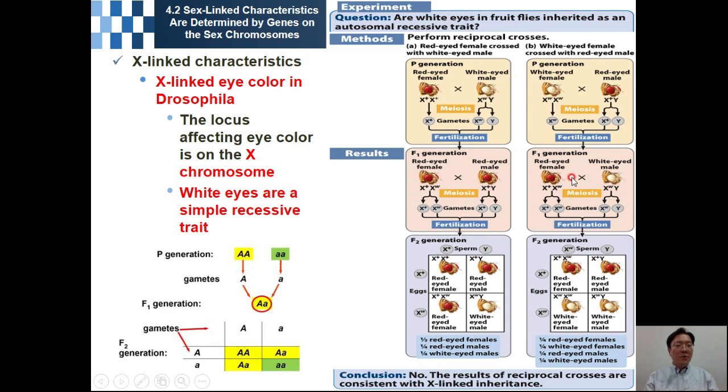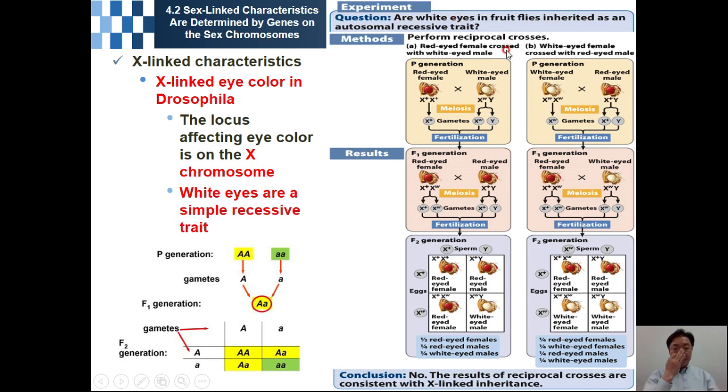And in the F2 generation, the ratio is totally different from 3:1. That's why Morgan thought that maybe the gene which encodes white eye is located in the X chromosome.